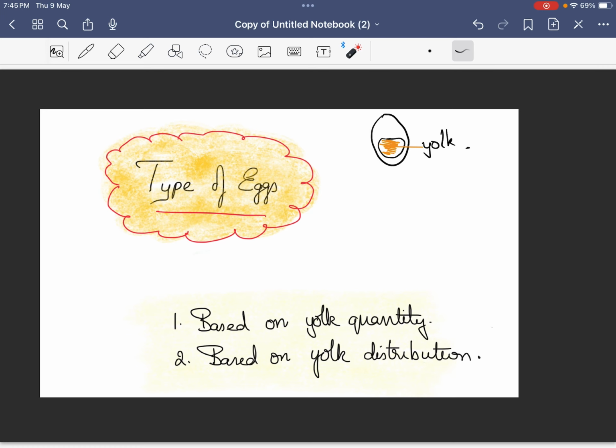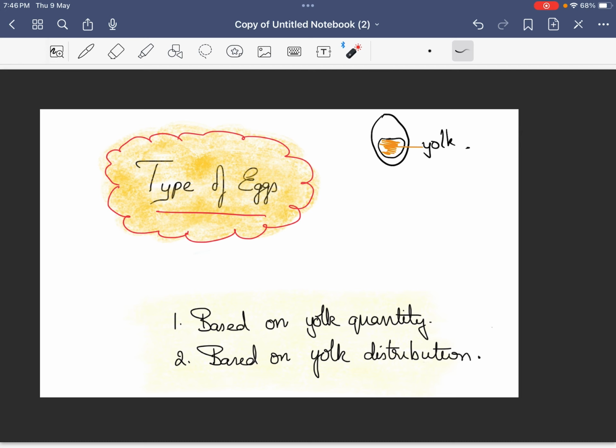But when you take other kinds of animals, like humans, the egg after fertilization has to develop within the mother's womb itself. So all the nourishment will be obtained from the mother's body system itself.